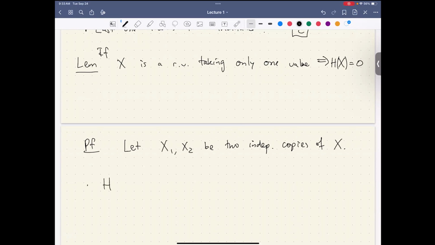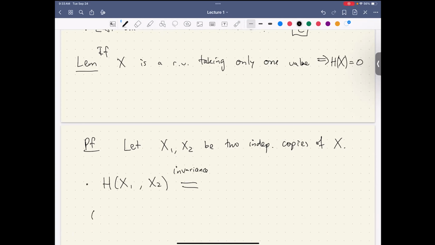So the joint entropy on one hand, X1, X2, by invariance, since X only takes a single value, we can do a bijection map just anything, right?